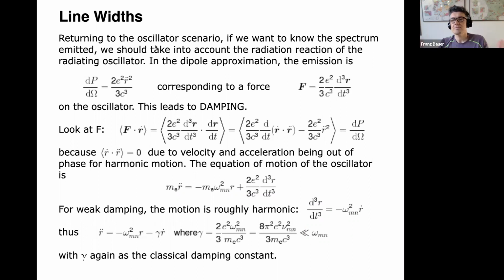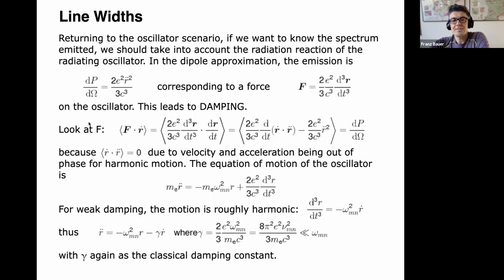We had a dipole approximation, and the emission via the Larmor formula went like this. This corresponded to a radiation reaction force, which had a triple derivative of r with respect to time, right? And so the radiation reaction force would tend to dampen this oscillator.